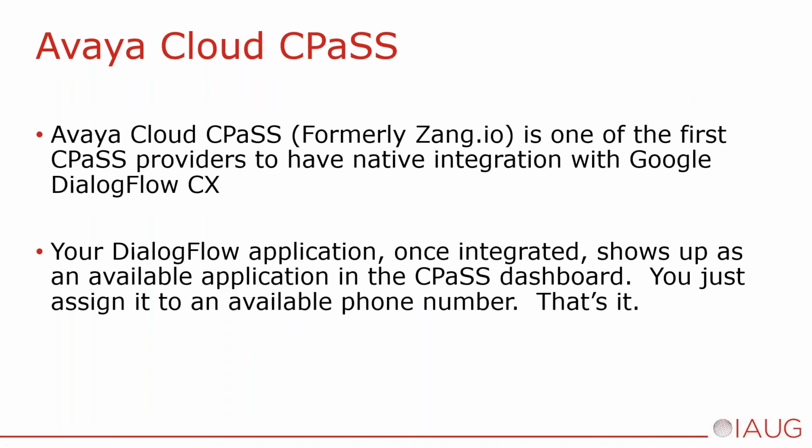The Avaya Cloud CPaSS, again formerly known as Zang.io, is one of the first CPaSS providers to have native integration with Google Dialogflow CX. This is still very early on. The product itself has really only been available publicly for a few months, so we're probably going to see other providers join as well, but know that Avaya is one of the first to do this really tight integration. Your Google Dialogflow application, once integrated, shows up as an available application on the CPaSS dashboard.